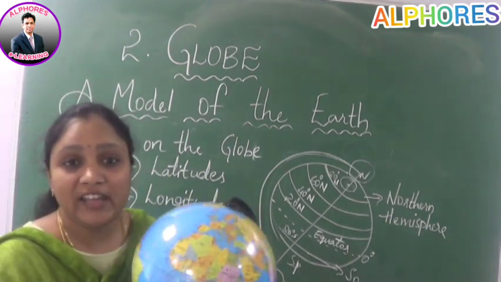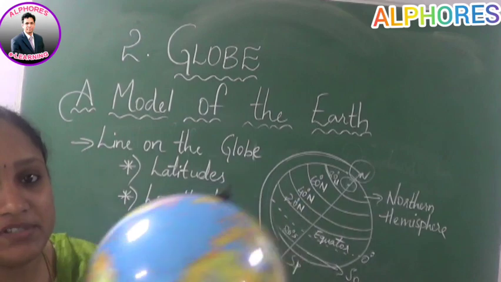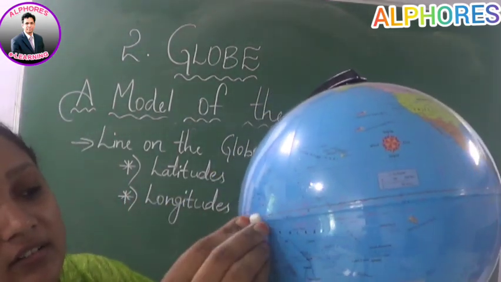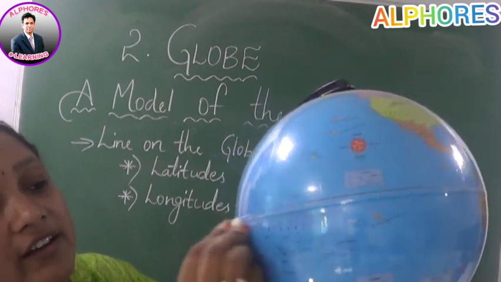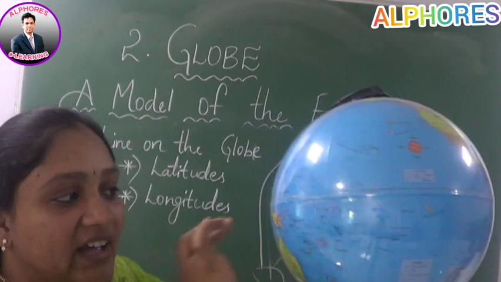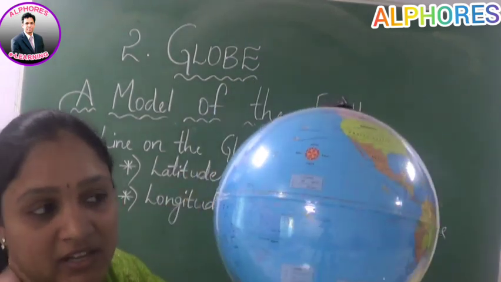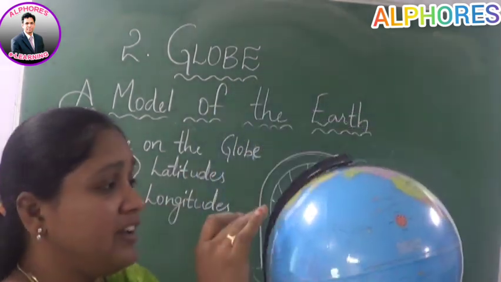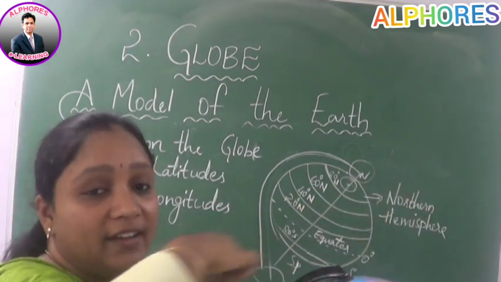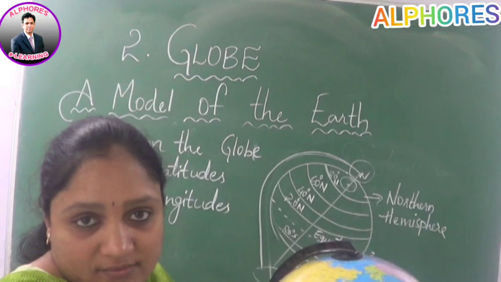Then I will show you the equator on this globe. You just observe, children. See, you can see one dot here. This is the equator line. So as it is covering the whole earth, we can consider that, but when it goes to here, it will be covering only the half. The other half will be the other latitudinal lines, right?